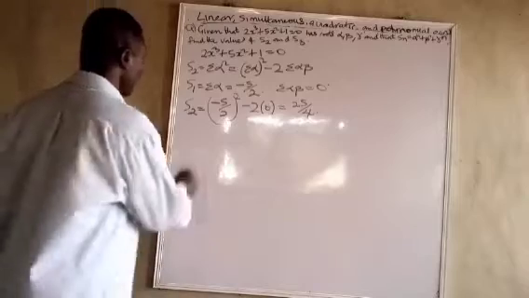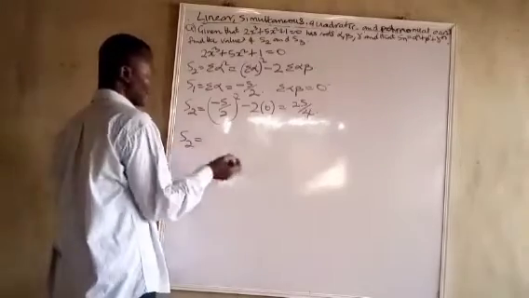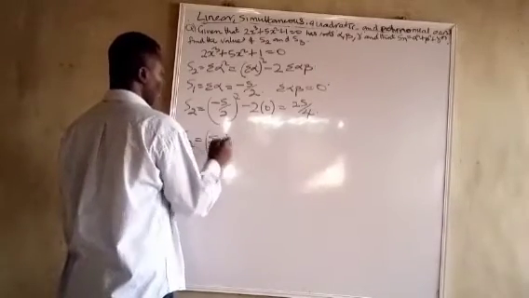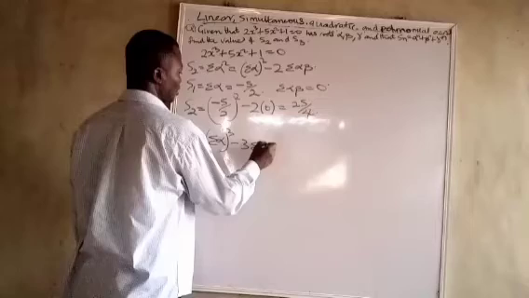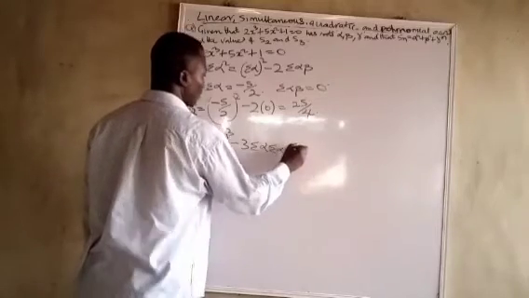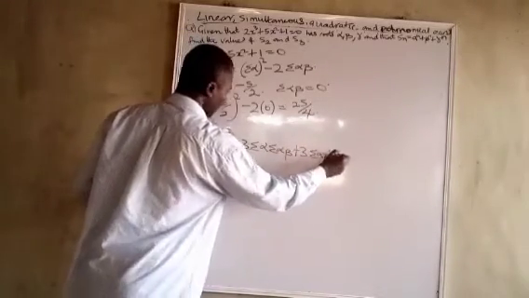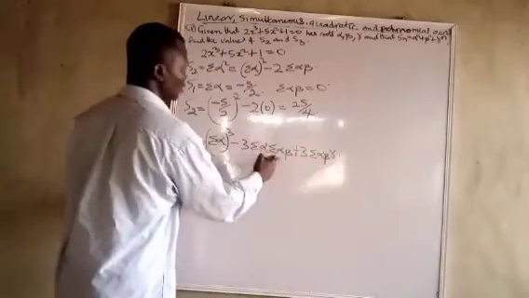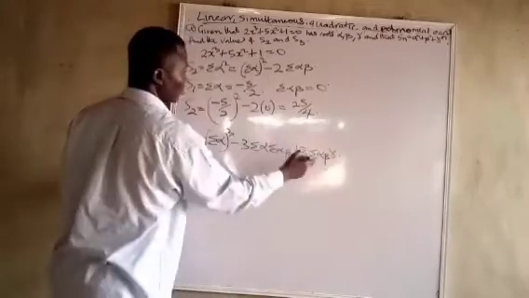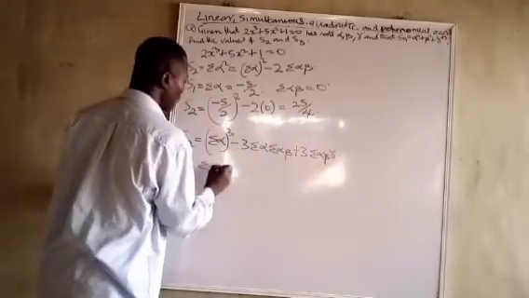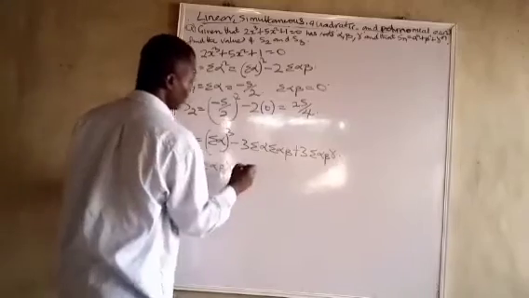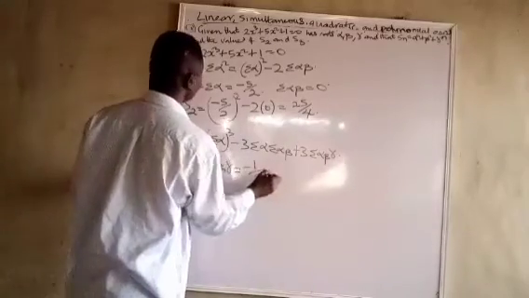Now to find s3, we can still use a formula. That is summation alpha all cubed minus 3 summation alpha beta plus 3 summation alpha beta gamma. We know this one. Summation alpha beta gamma is minus 1 over 2.